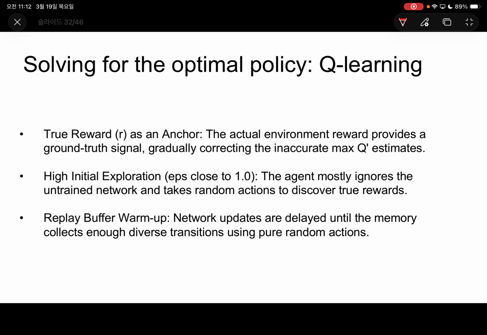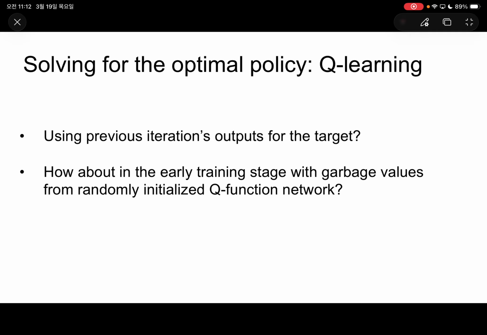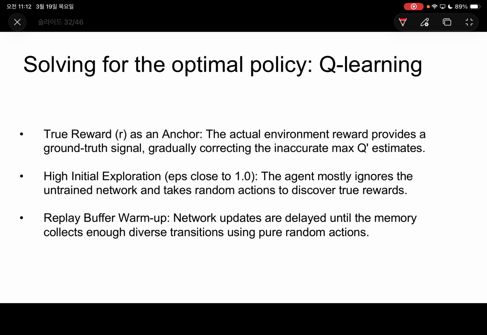To achieve good optimization, people invented three things. The first one is true reward as an anchor. As I said, we have R from state s and a, which is from a predefined reward function, right? So the true reward R is not from your network, it's just from our predefined reward function, so it is free from garbage values of a randomly initialized neural network.